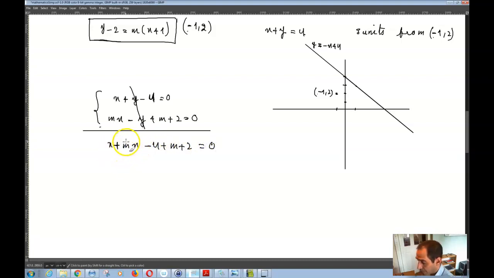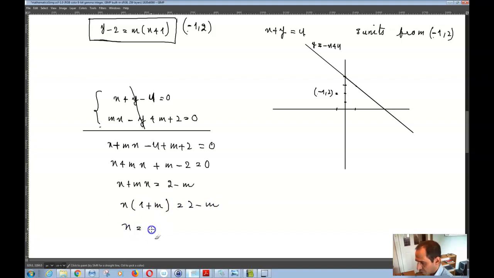That means x plus mx plus m minus 2 is equal to 0. So x plus mx is equal to 2 minus m, and x times 1 plus m is equal to 2 minus m. So x is equal to 2 minus m over 1 plus m. This is the x coordinate of that point.